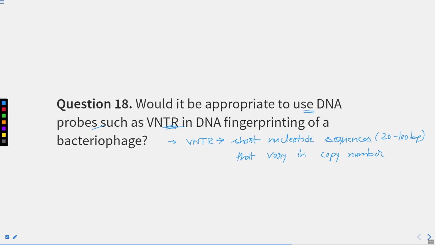And because of this, a unique pattern is observed for every individual. All right, this is clear. And where are VNTRs present?